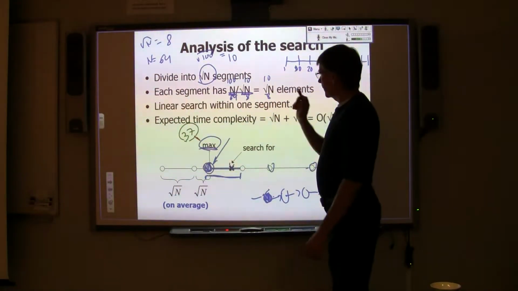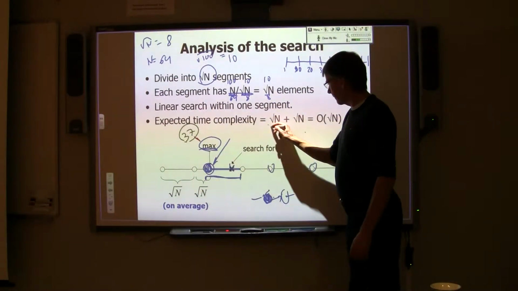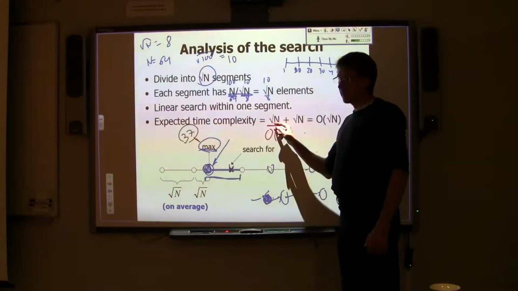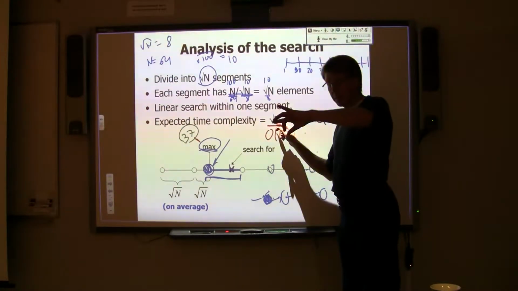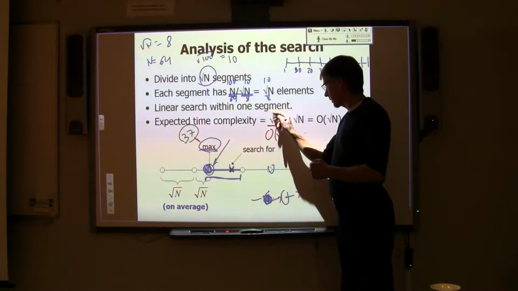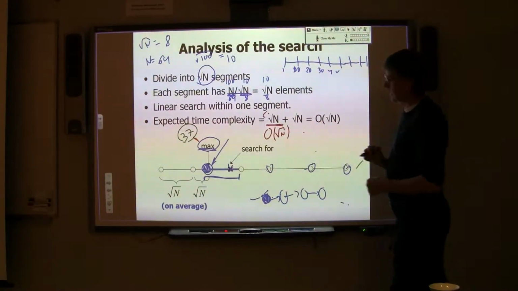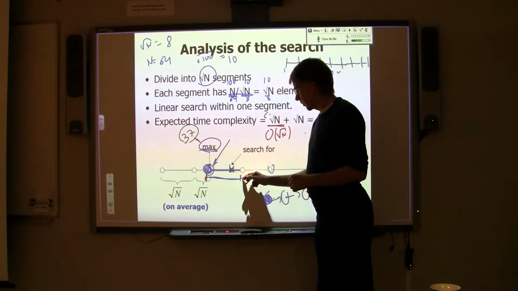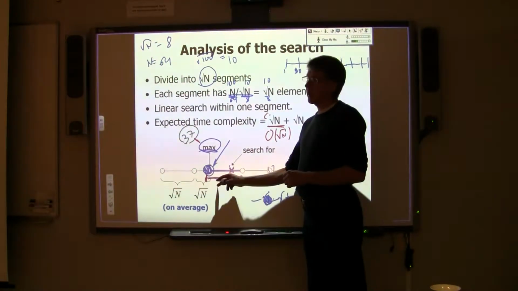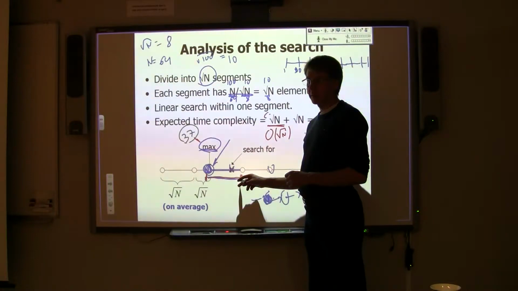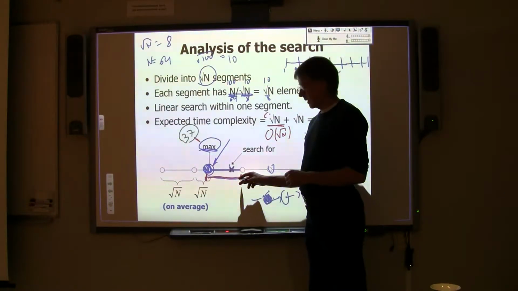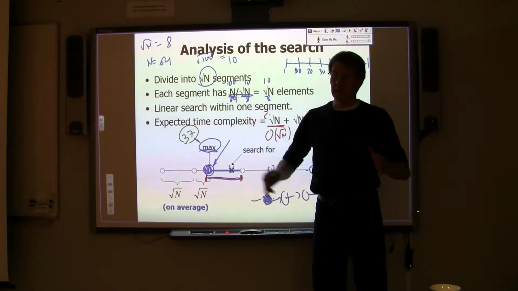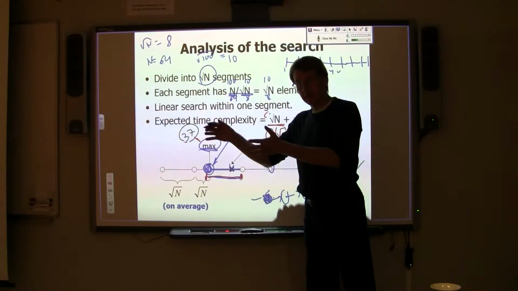So that's how to find the maximum. This is my first step. So basically order square root of n. I simplified a little bit here because there were several steps to be done, so it's multiplied by some constant c. And then after that, I claim that doing the linear search, what matters is the size of this segment, right? And now I claim if I'm lucky with my randomization, I have equal segment lengths.